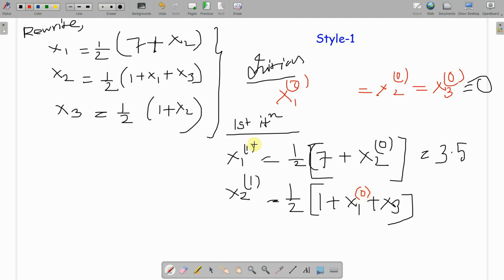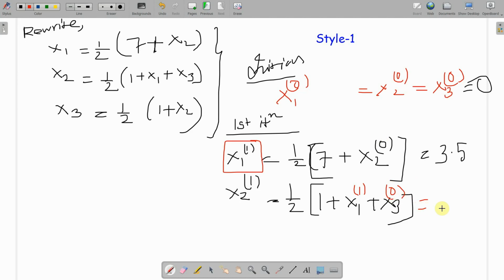But here, as I have this result, x1 at the first iteration, and I am still in the first iteration step, as I have the updated value, I will not use the 0 value but will put the value of x1 at the first iteration, and for x3 the updated value we have is 0.